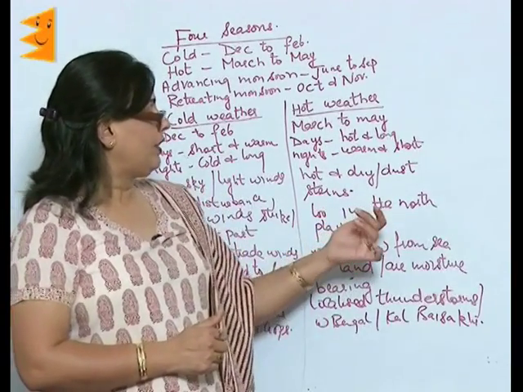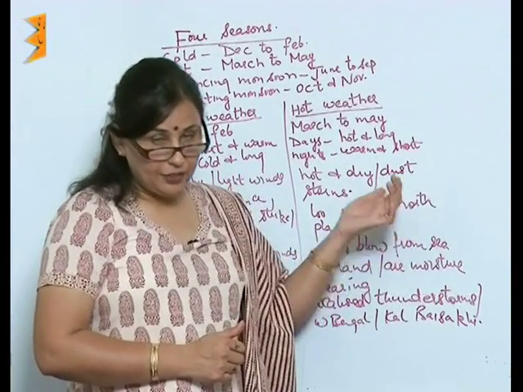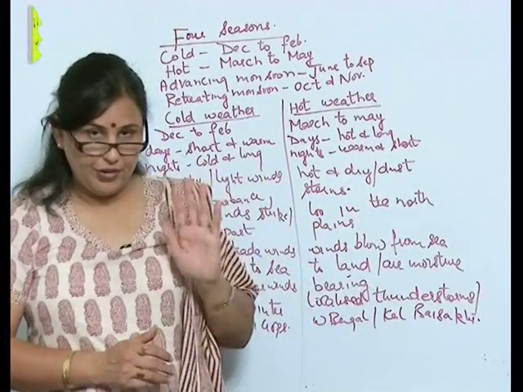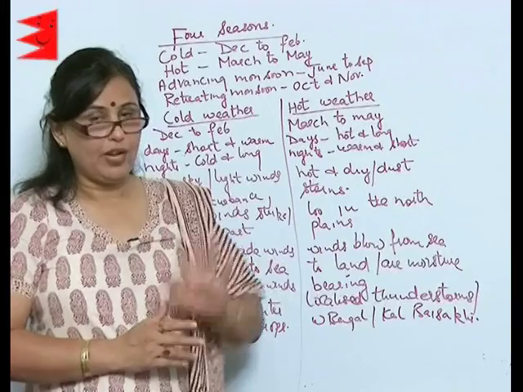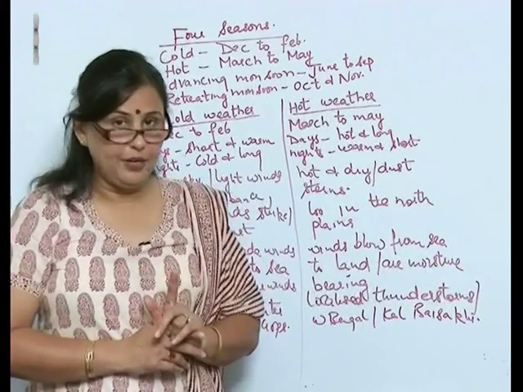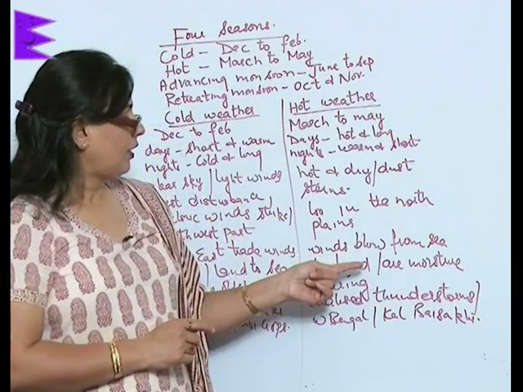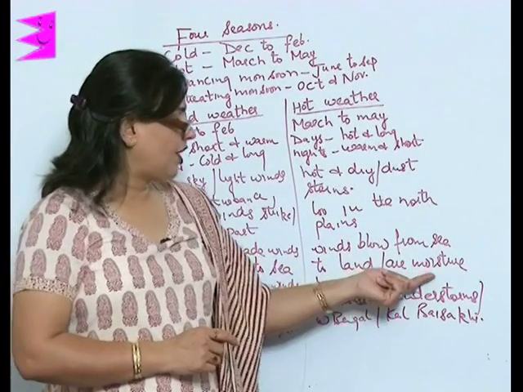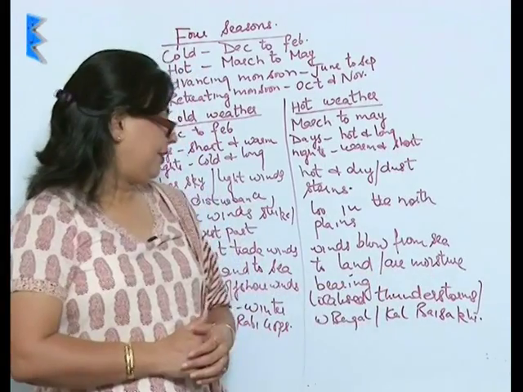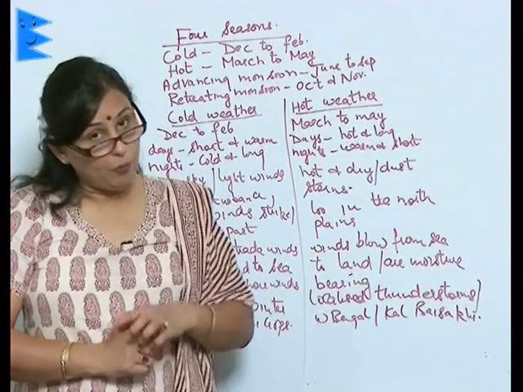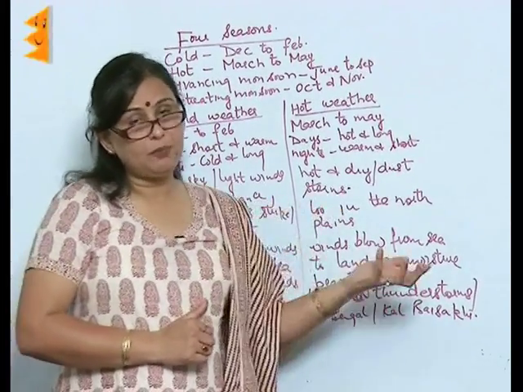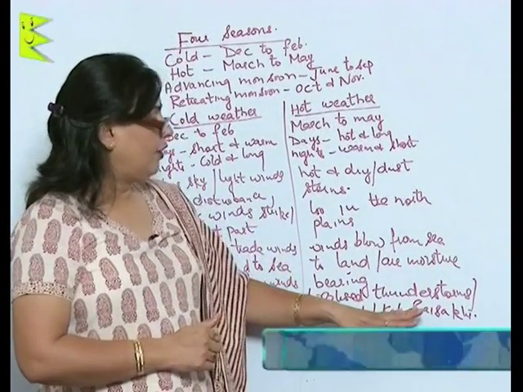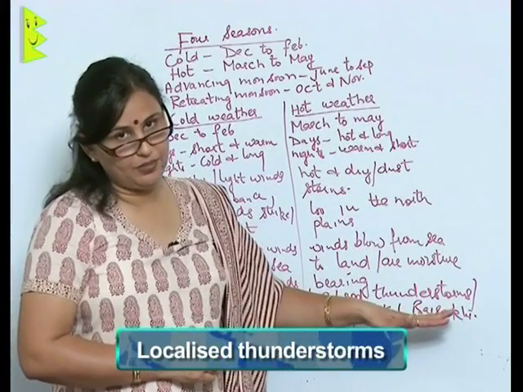Well, Loo is experienced during this season in the northern plain, and you already know the meaning of the word Loo. I told you about it in the new terms. The winds blow from sea to land and are generally moisture laden. Then one feature of this particular season that I would like to talk about is the localized thunderstorms.